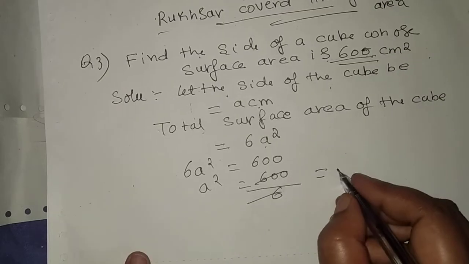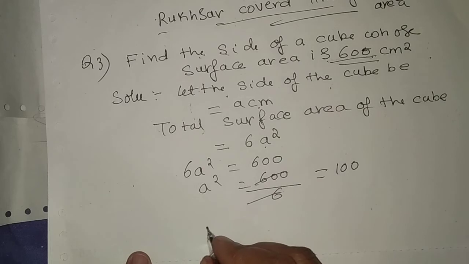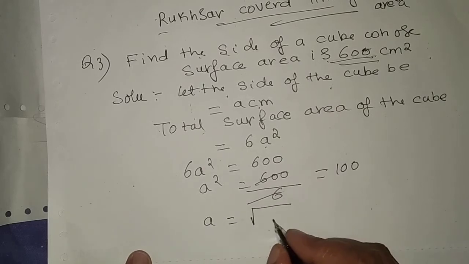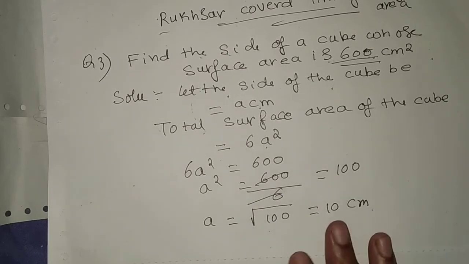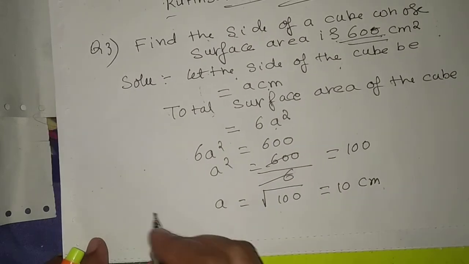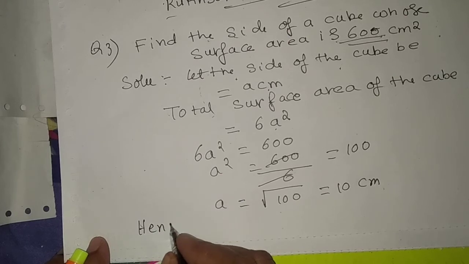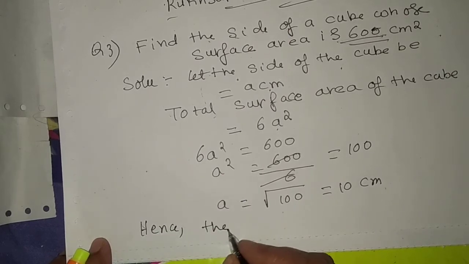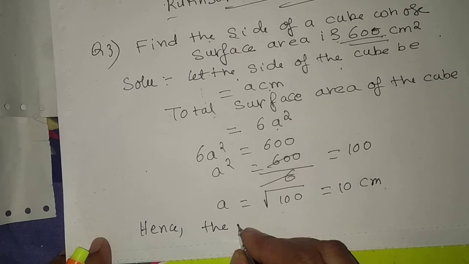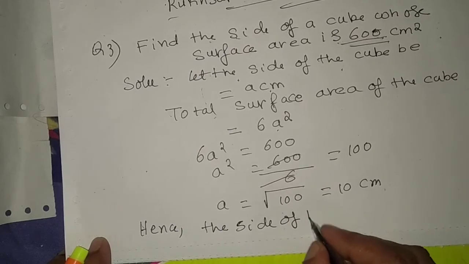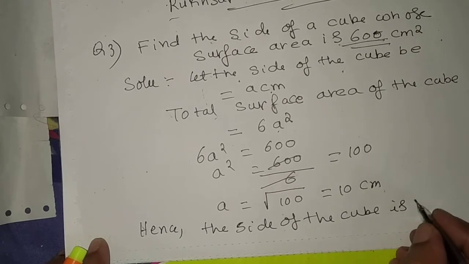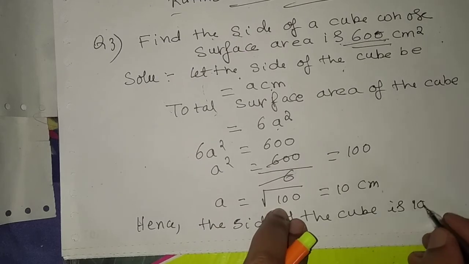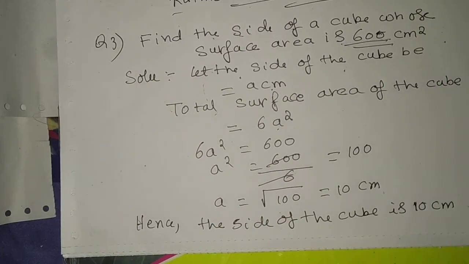So we'll get 100 here. Next, a is equal to root 100, which is equal to 10 centimeters. Hence the side of the cube is 10 centimeters is the answer.